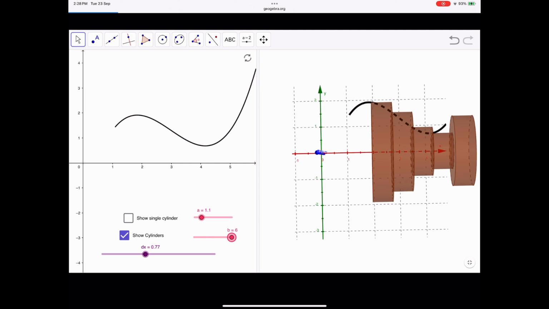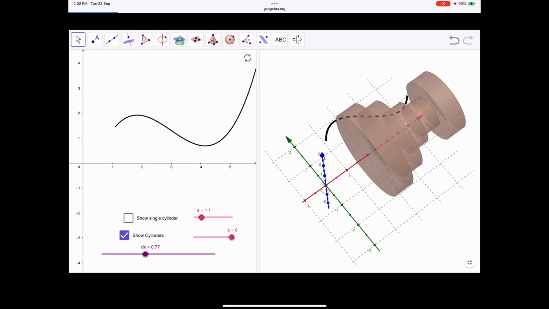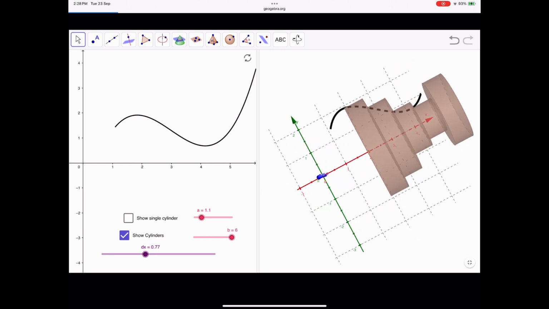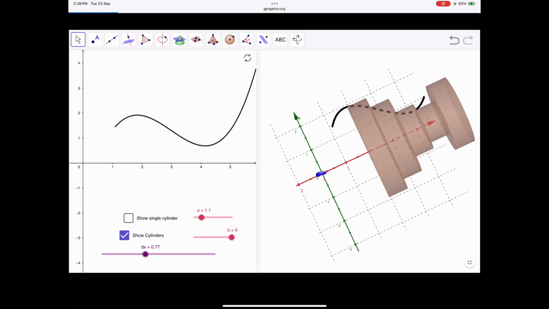Obviously it's got these cylinders, they've got a radius of the value of the function at that x value, and they've got a width of a certain amount of x.